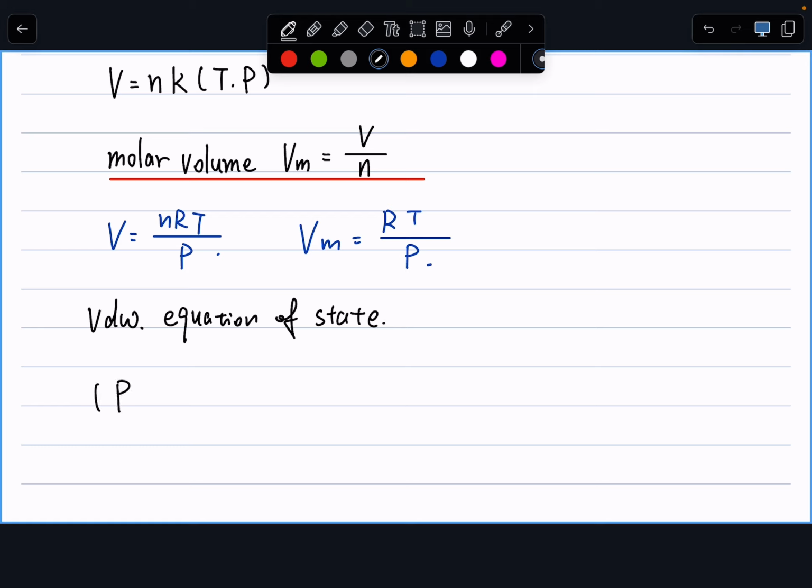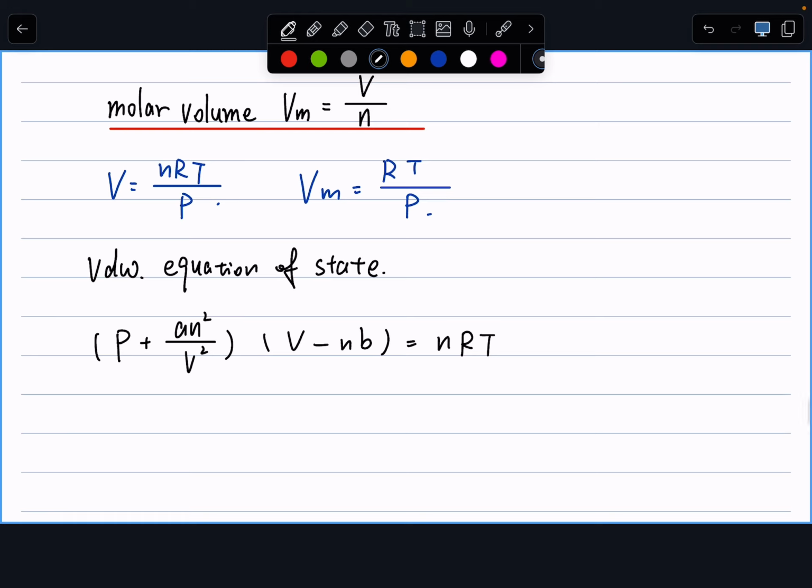We have pressure plus an squared over V squared, times volume minus nb, equals nRT. In this case, there are different meanings here.